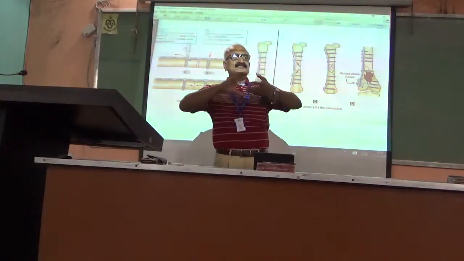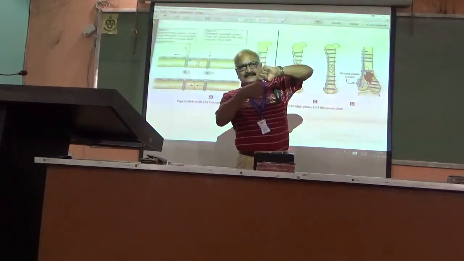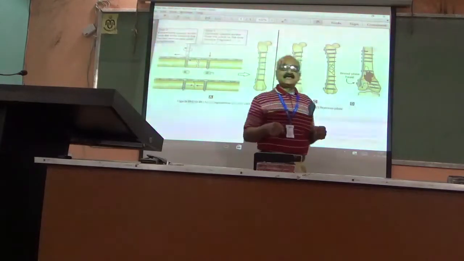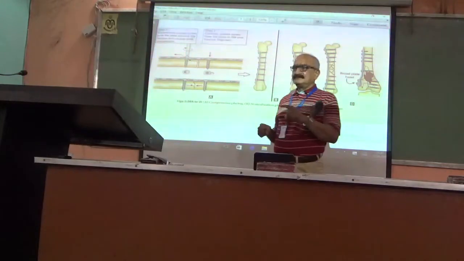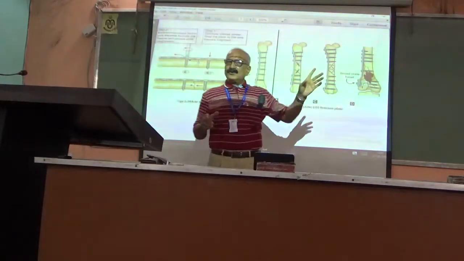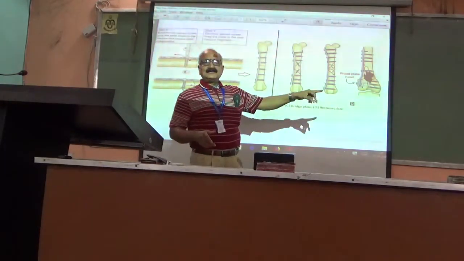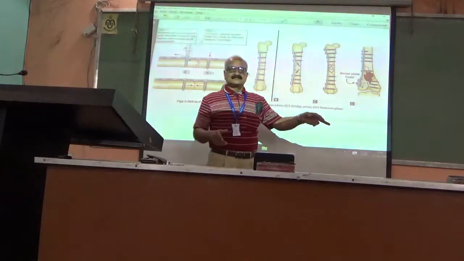That is rotational force. जो rotational force जो होगा, that will probably not be taken care of by a simple nail. Is it clear? But on the contrary, a plate will take care of all the three displacements.